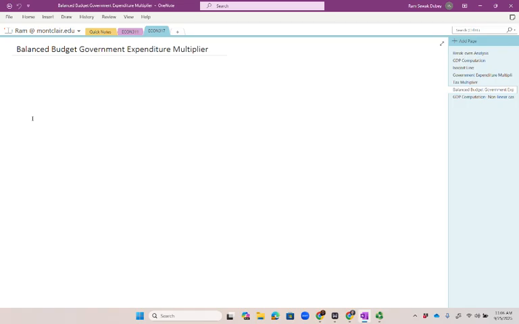So let's assume that the government, in order to spend money into the economy, the government expenditure, collects it as a revenue from the citizens in the form of a tax. And we will have a simple structure for tax, lump sum tax.